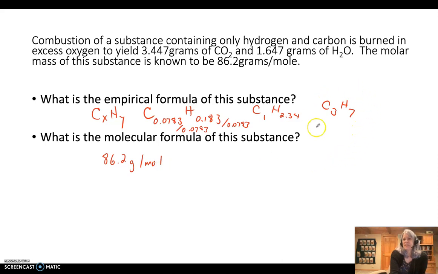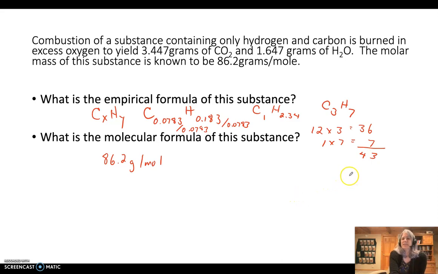So what would be the mass of this if this were the molecule we had? Well, we would have carbon is 12 times 3 equals 36. Hydrogen is 1, and there's 7 of those, so that equals 7. So we add that up, that's about 43.